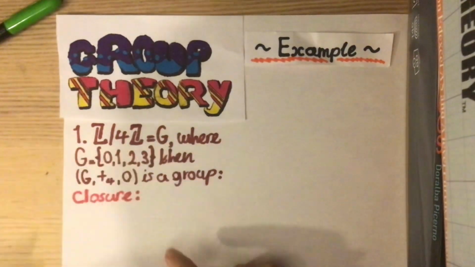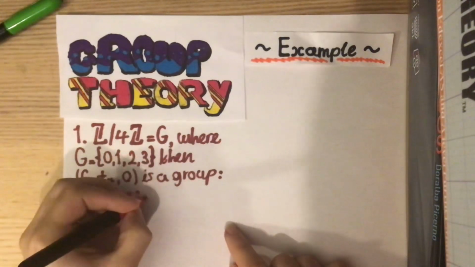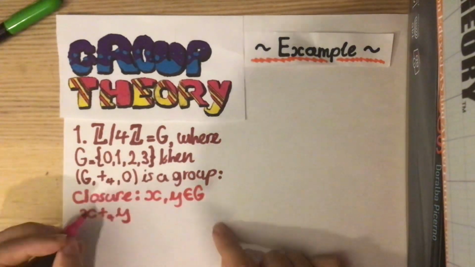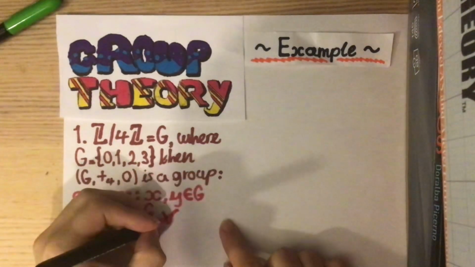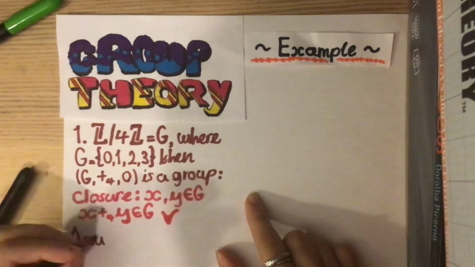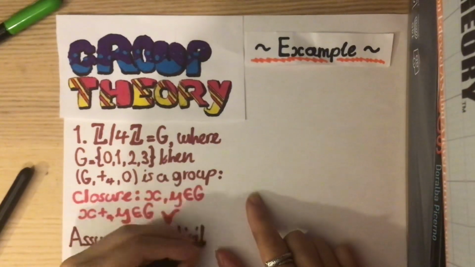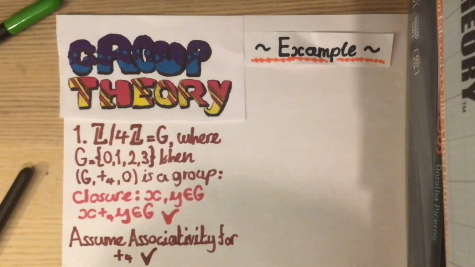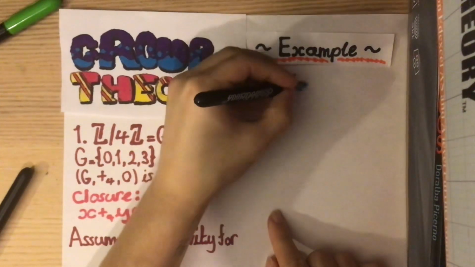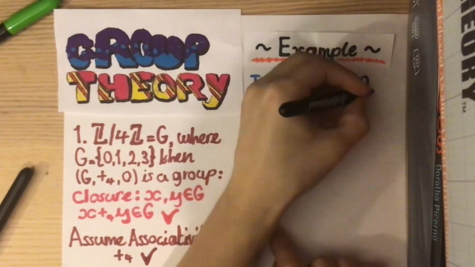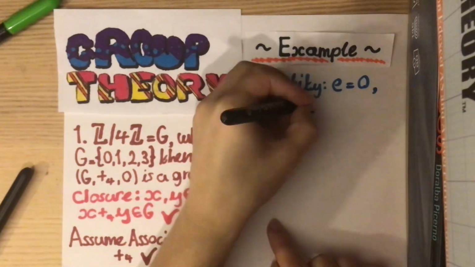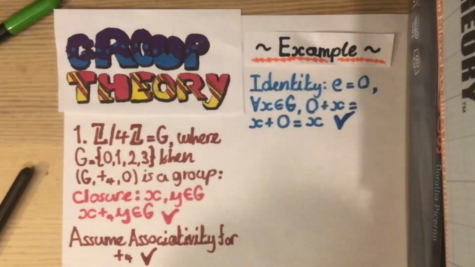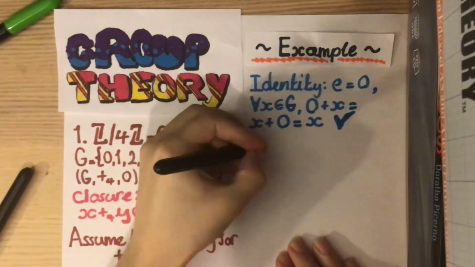To check for closure, we pick any two elements from the group, let's call them X and Y. If we add them up, then the result, if we take it modulo 4, will also be in G, since they're all residues. Now, associativity we can just assume here, because it's a type of addition which is always associative. Now, as we said before, the identity is just 0, since adding it to any element doesn't change the element at all, which is the point of the identity element.